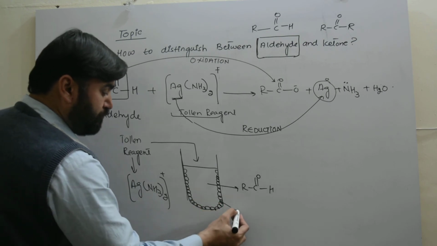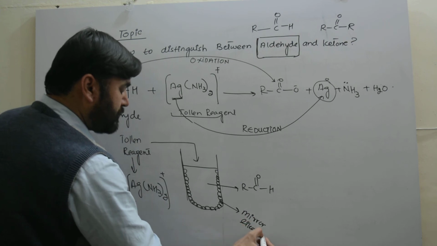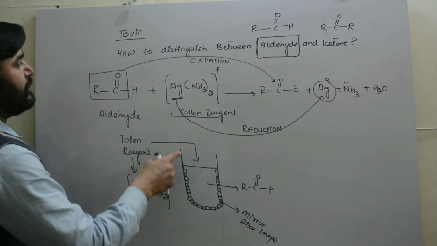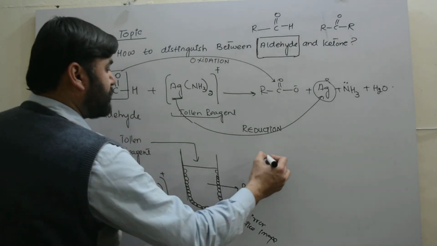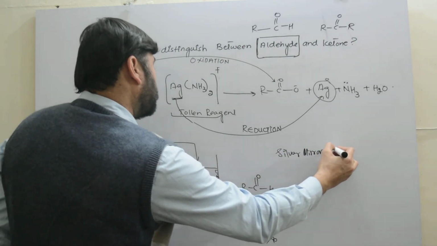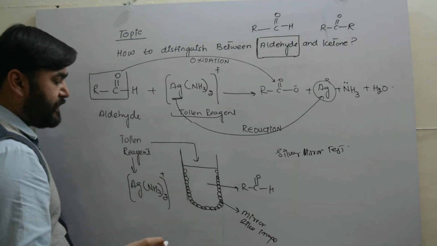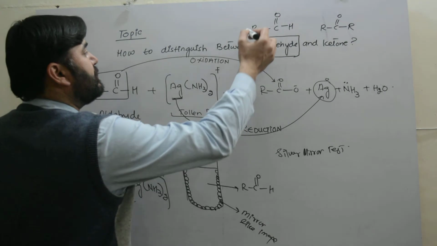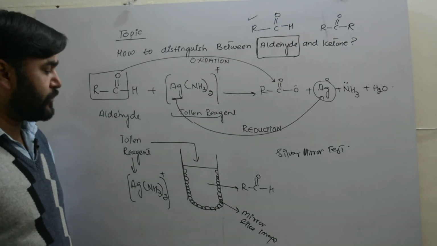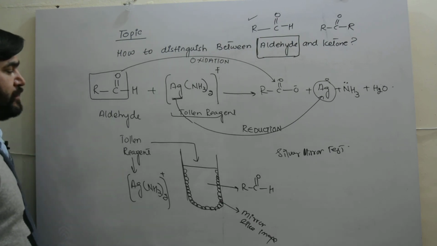It will make a mirror-like image in which you can see your face. That is why it is called the silver mirror test. It only reacts with the aldehyde, but it will not react with the ketonic group. It is also called Tollen's reagent.